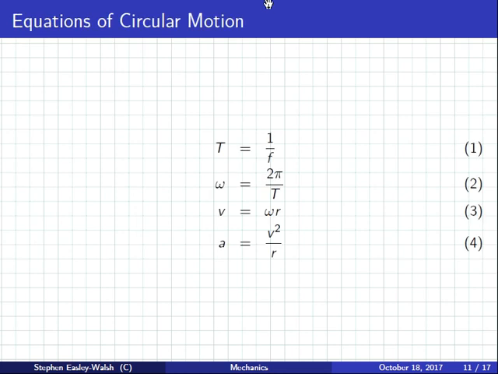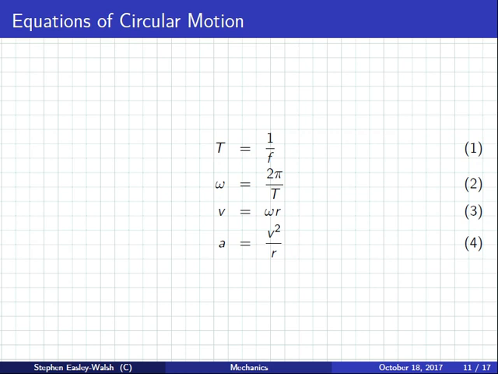Did you not write them down? Yeah, well, it's actually the frequency, but in the wrong units.